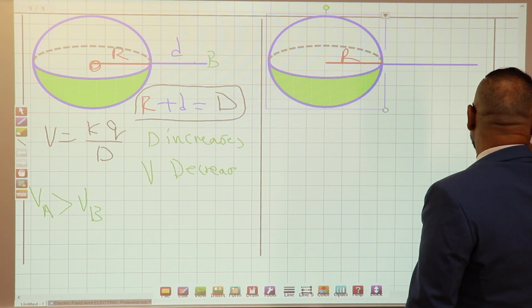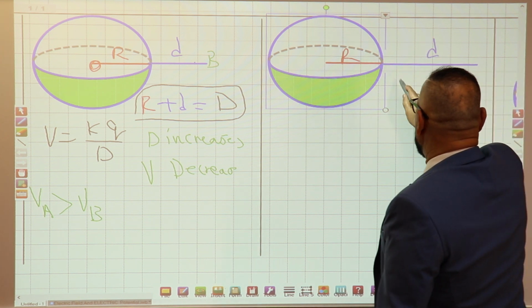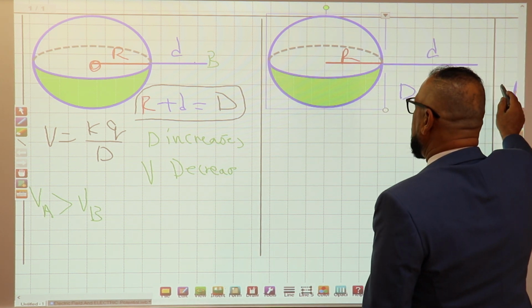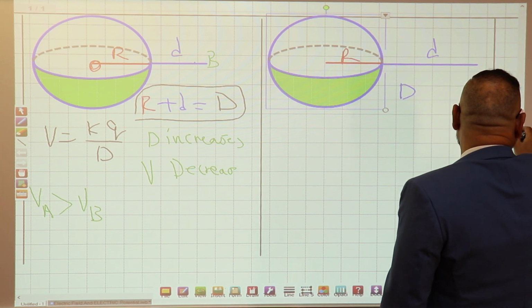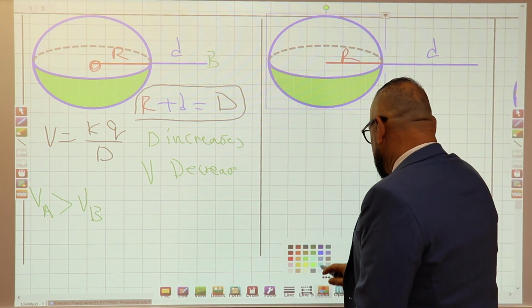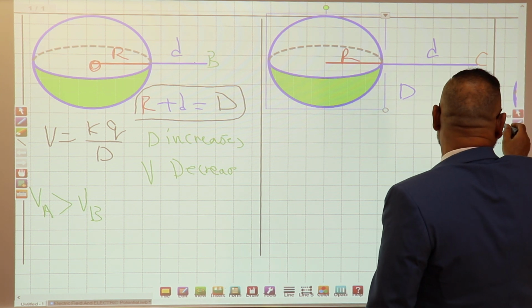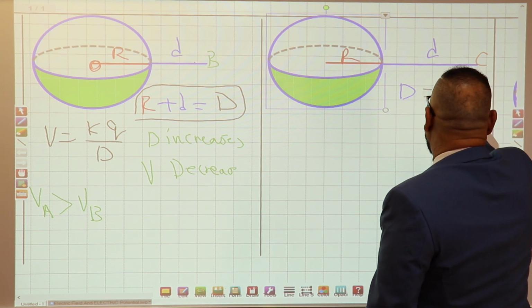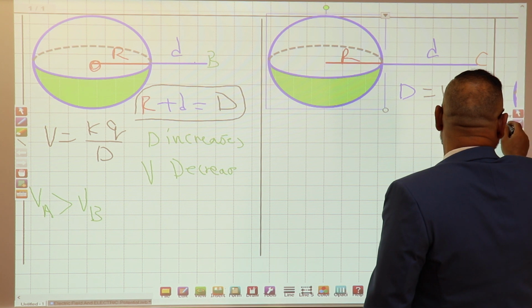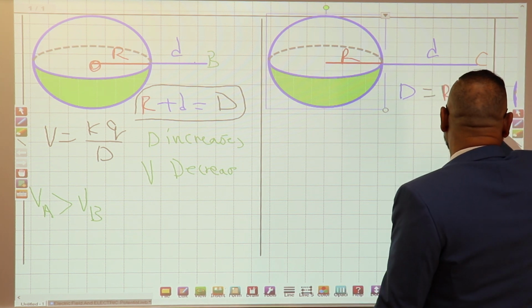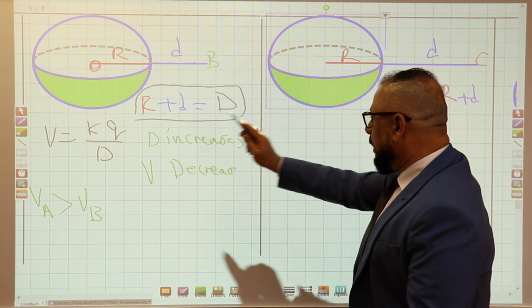Then this is D, and big D now at point C equals R plus the other D. Now this D is bigger than the previous D.